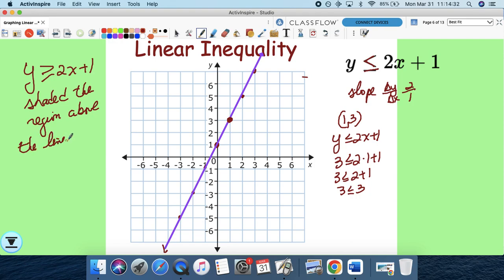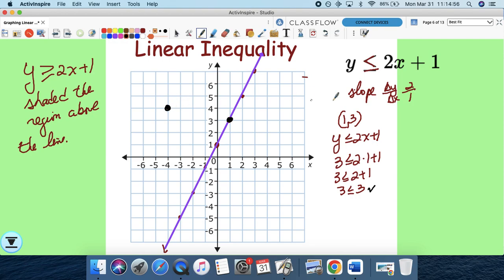So if we're going to use less than, hopefully you can gather that we're going to shade the region under the line. But let's do that by using test points. So I picked a point on the line, and that was true. So therefore, I use a solid line. Now let me pick a point above the line.